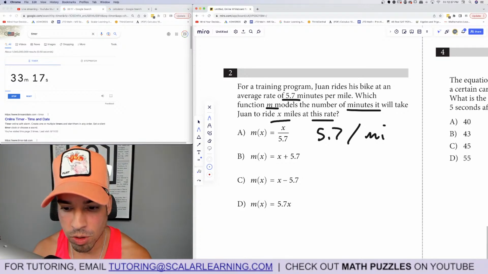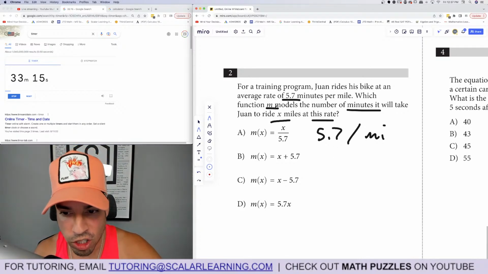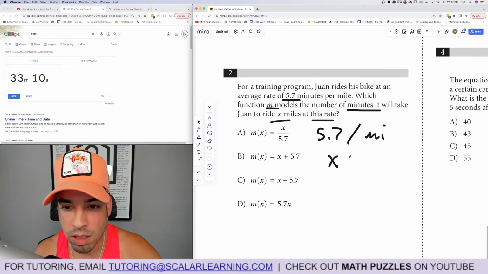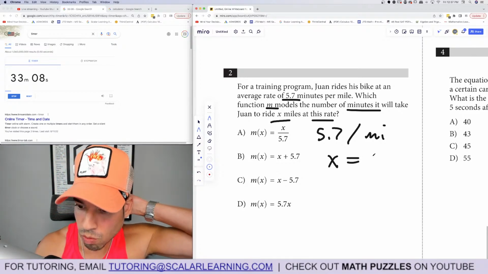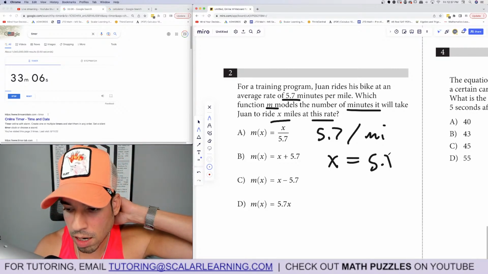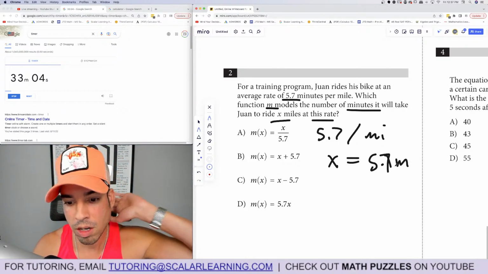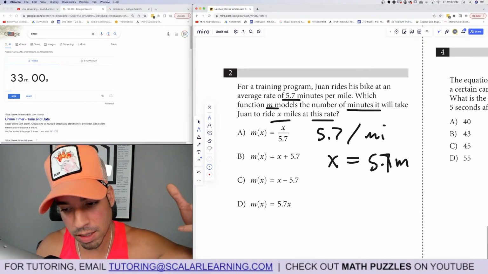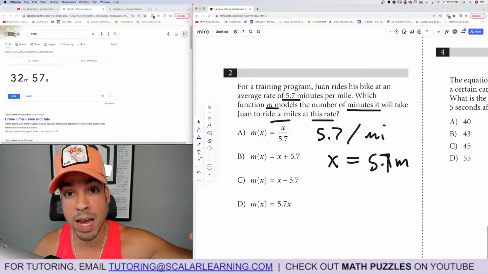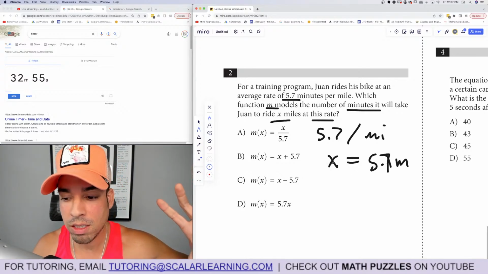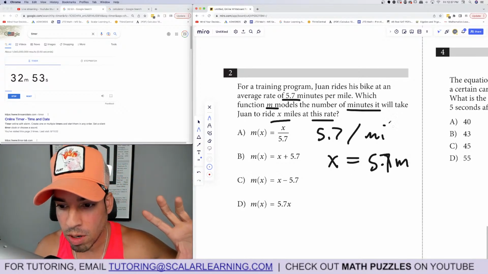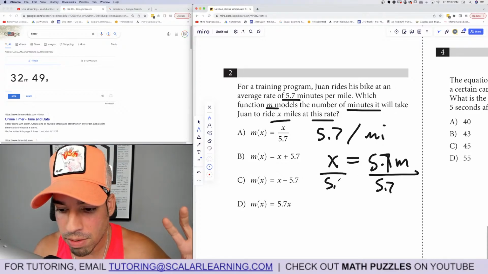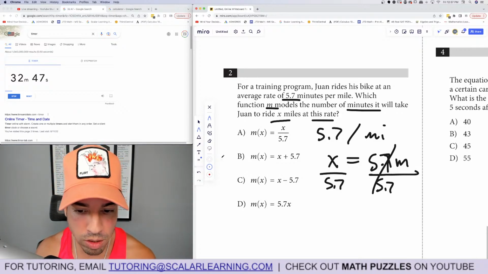Take one: distance equals rate times the number of minutes. Okay, so they've modified the distance equals rate times time formula. That's why I'm going back to it, I'm getting confused. Distance equals rate times time. And which model is the minutes? They're isolating M, so we're dividing by 5.7. So M equals X over 5.7.